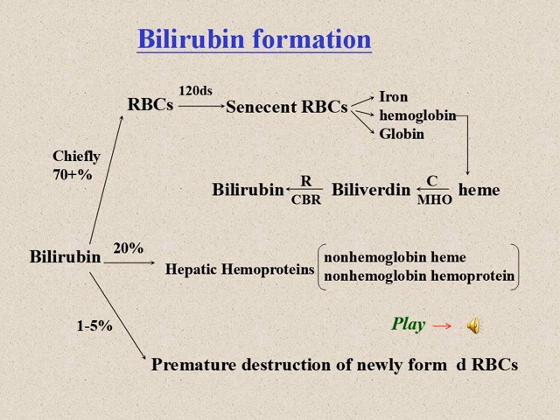The globin part is utilized by the body, and the heme is converted to biliverdin with the help of the enzyme heme oxygenase, and biliverdin is converted to bilirubin with the help of the enzyme biliverdin reductase.